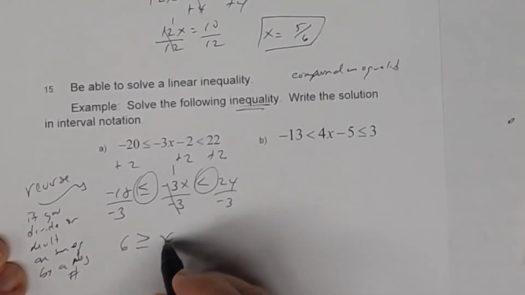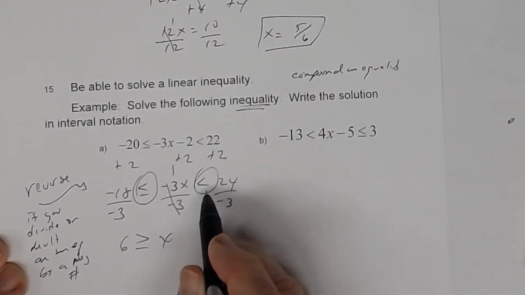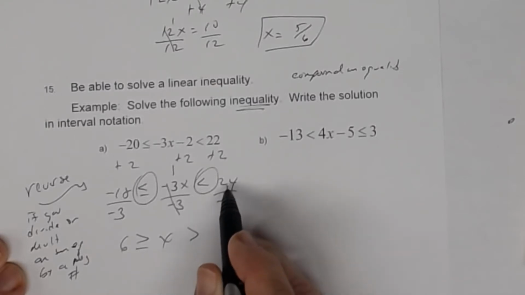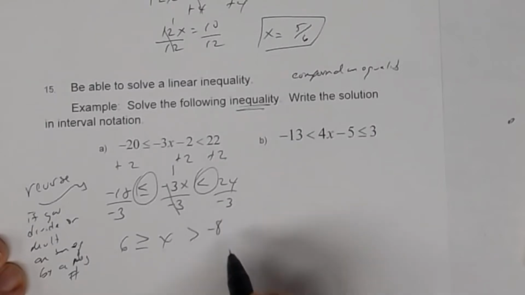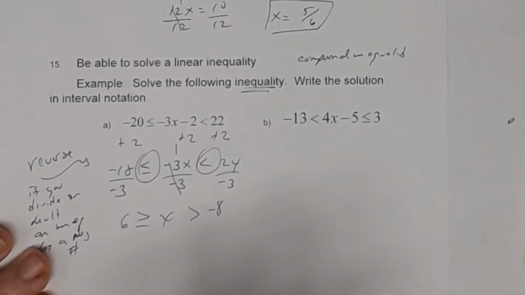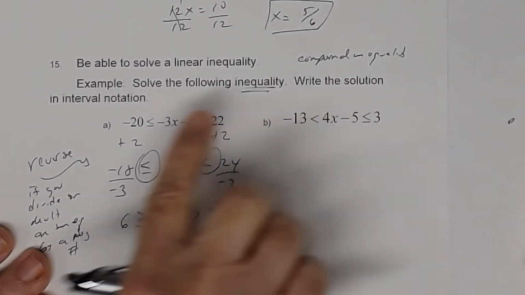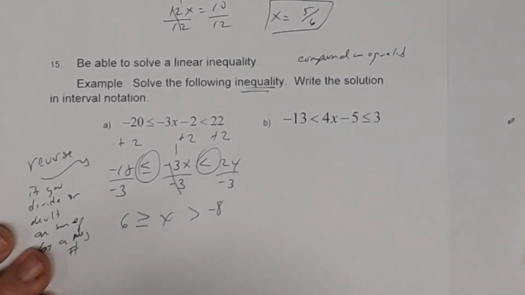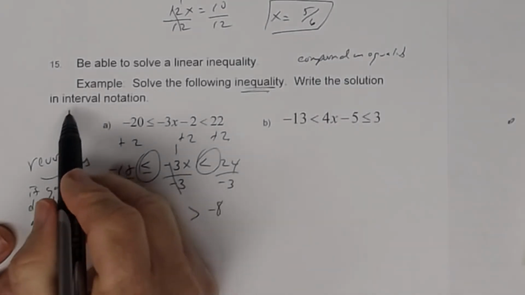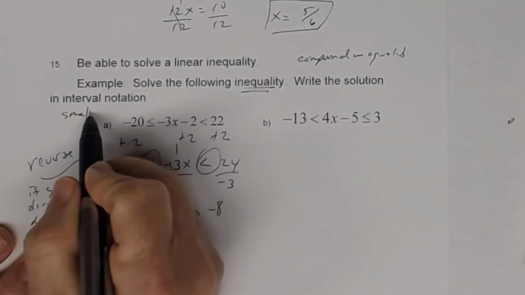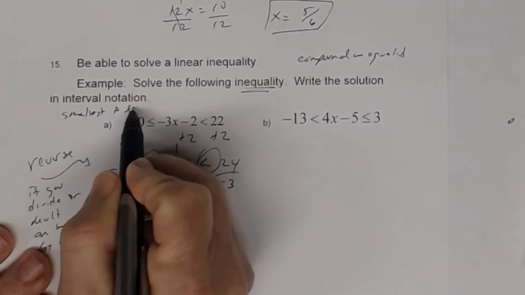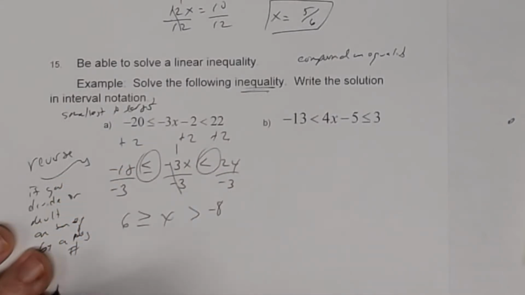The negative 3's divide out. 1 times x is x. Remember, you want x by itself right here. Less than becomes greater than. And then 24 divided by negative 3 is a negative 8. All right, now, always remember, because we're writing the solution in interval notation, you always go from smallest to largest.